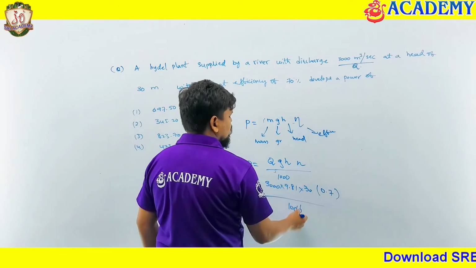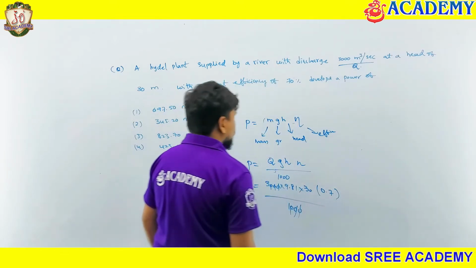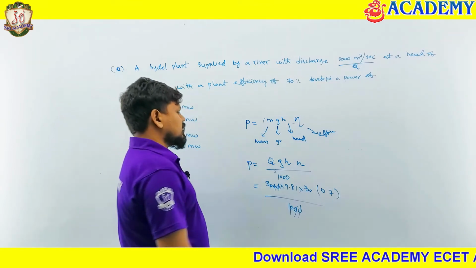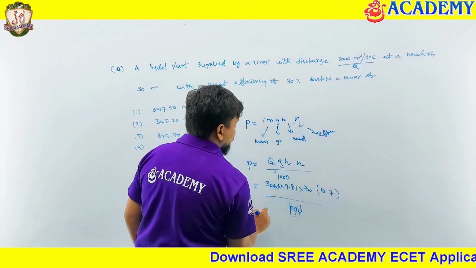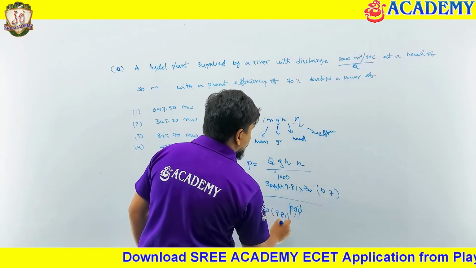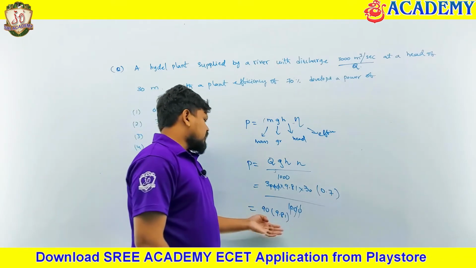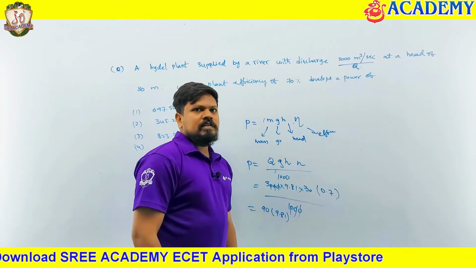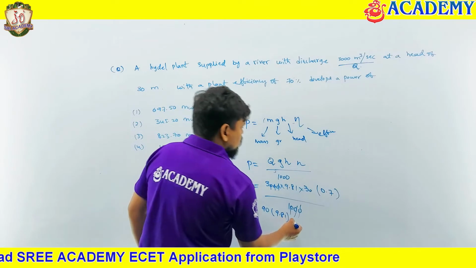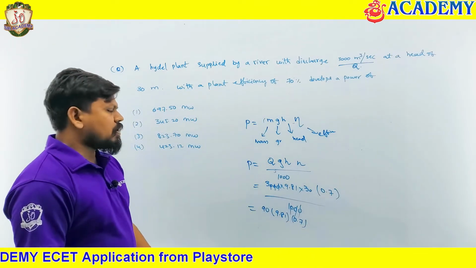If you simplify, zeros will be cancelled. 30 into 3 is nothing but 90. Then 90 into 9.81, which I will take approximately, into 0.7, and this is the one you get as power output.